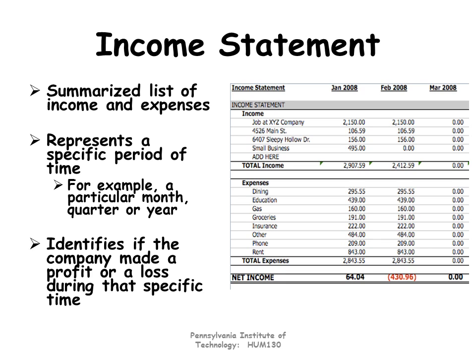Then you'll also see the same situation at Main Street, 106.59 both months, and then 6407 Sleepy Hollow Drive, $156 a month. So that could be something like snow removal, something that we are very familiar with. And then here is $495 just for January, and it says small business.